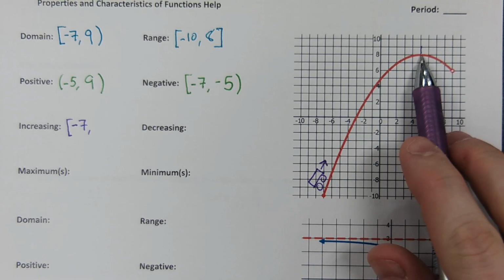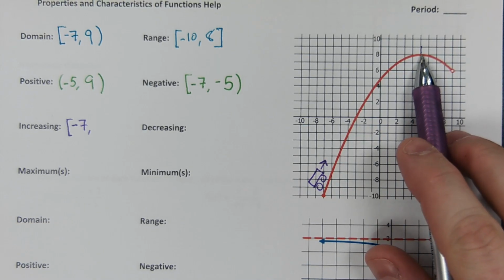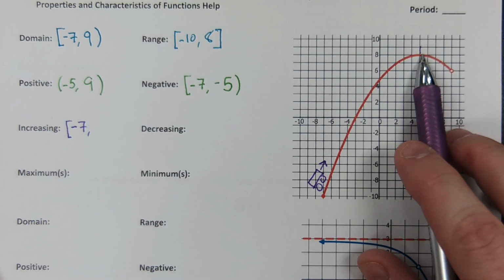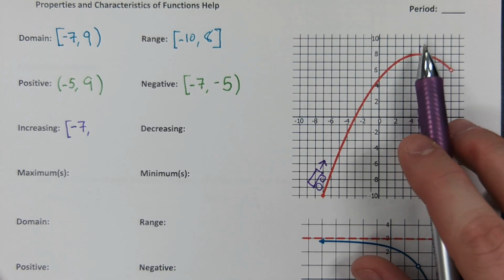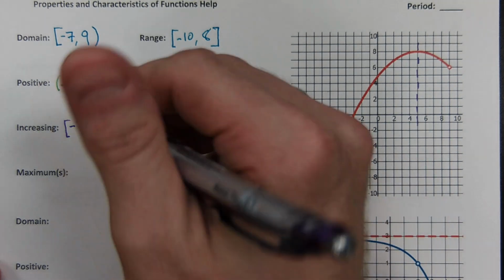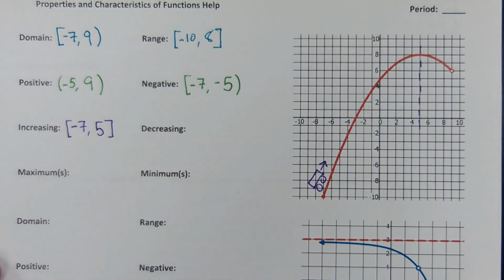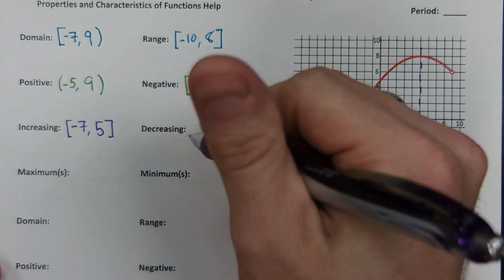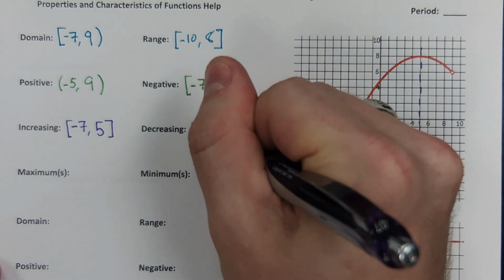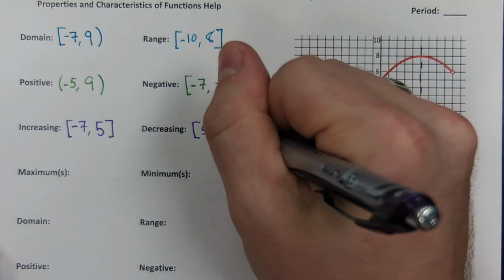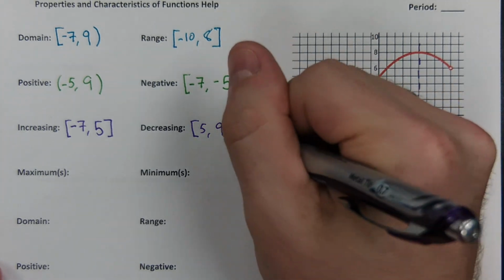And right there, if you got the picture of your roller coaster, as long as you couldn't see your hair blowing in the breeze, it would be hard to say if the roller coaster was going up or going down. And because of that, we're going to say it's doing both. At this x value of 5, I stopped increasing, and I started decreasing. And I decrease until the end of my domain, which is at that 9, but because that 9 doesn't exist, we can't bracket it.